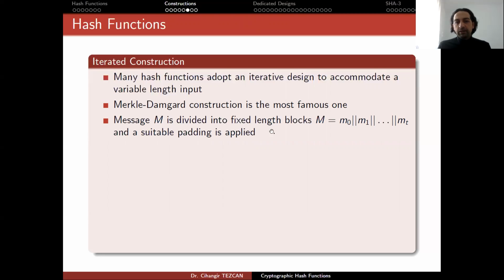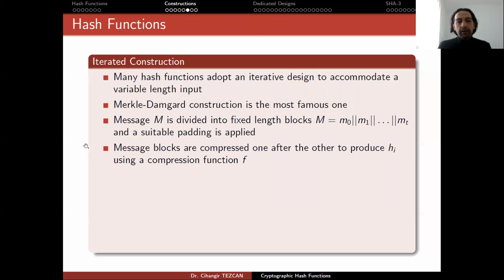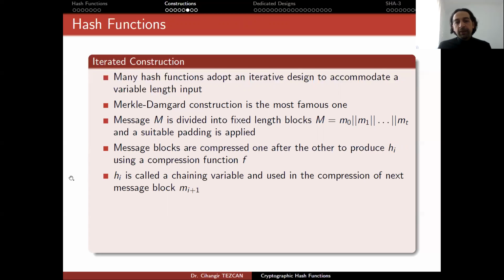Message M is divided into fixed length blocks. So you divide it into, in this case, T+1 message blocks, and you apply a suitable padding. Message blocks are compressed one after the other to produce HI using a compression function F. HI is called a chaining variable and is used in the compression of the next message block MI+1.